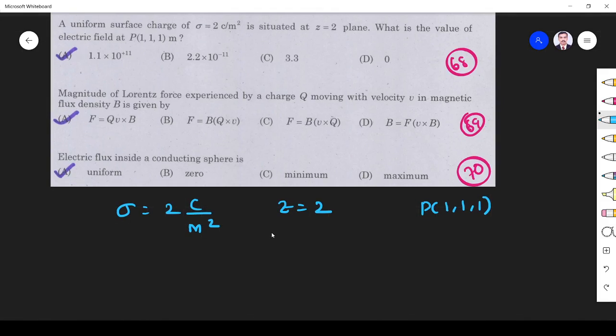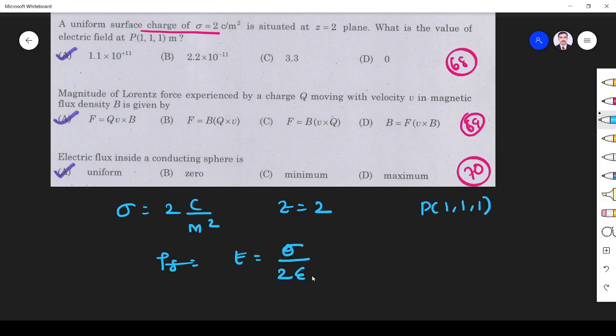We know it is a surface charge. Surface charge distribution is independent of location. Right? E due to rho s is given by sigma by 2 epsilon naught.